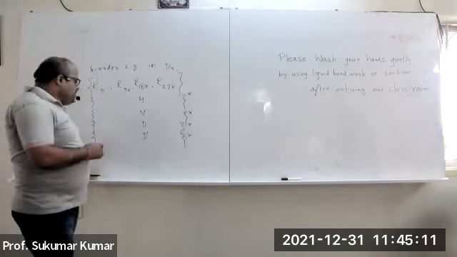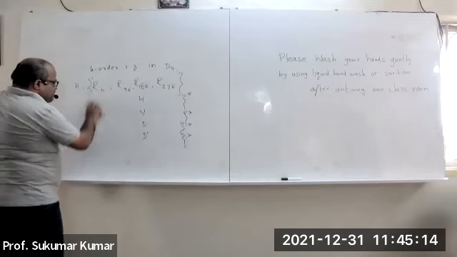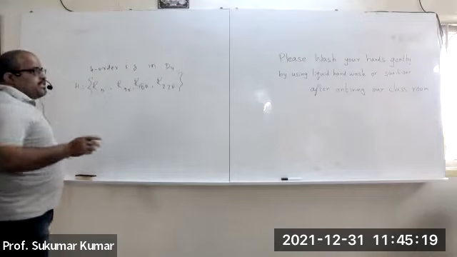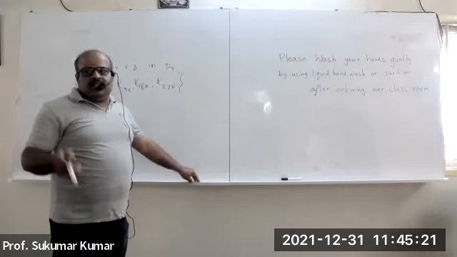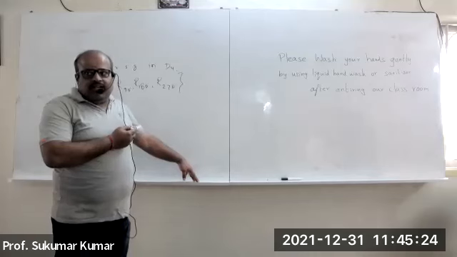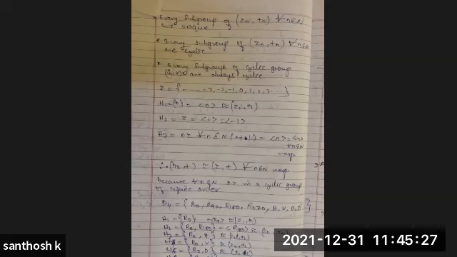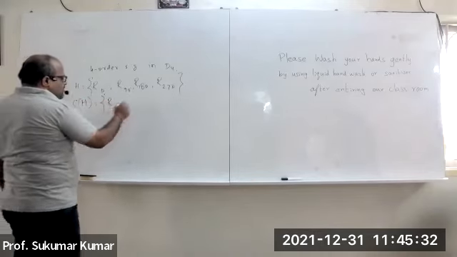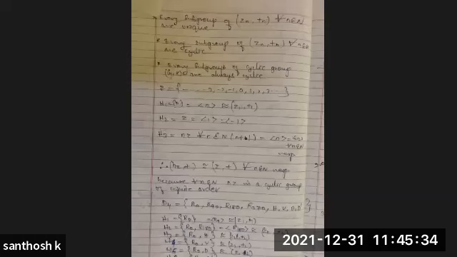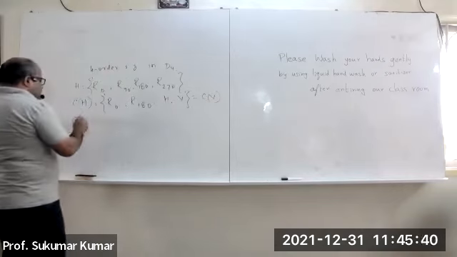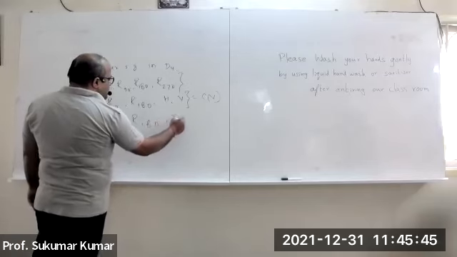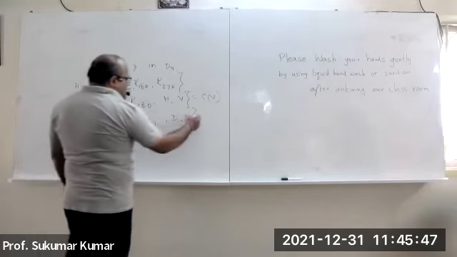Santosh, see your notes: after center and centralizer, again I find the centralizer of D4 elements. The centralizer of H will be R0, R180, H and V. This is the centralizer of V also. And the centralizer of D will be R0, R180, D, D dash. And this is the centralizer of D dash also.